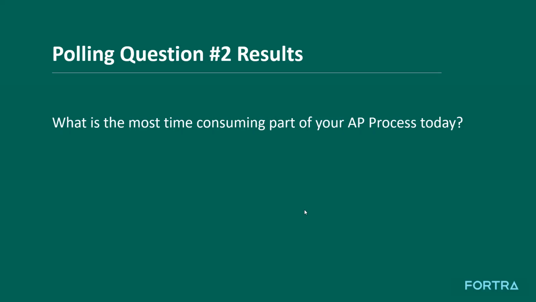Now, before I go on, the last results of the polling question number 2: what is the most time-consuming part of your AP process today? And let me just make sure I got my numbers right here. All right.